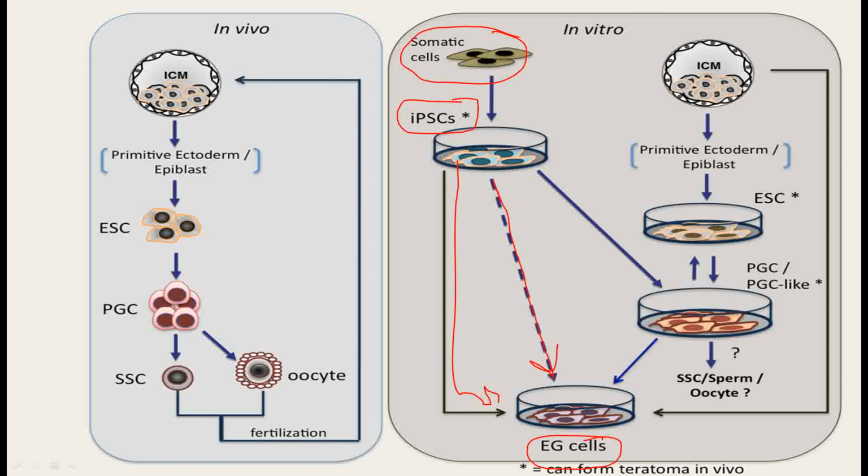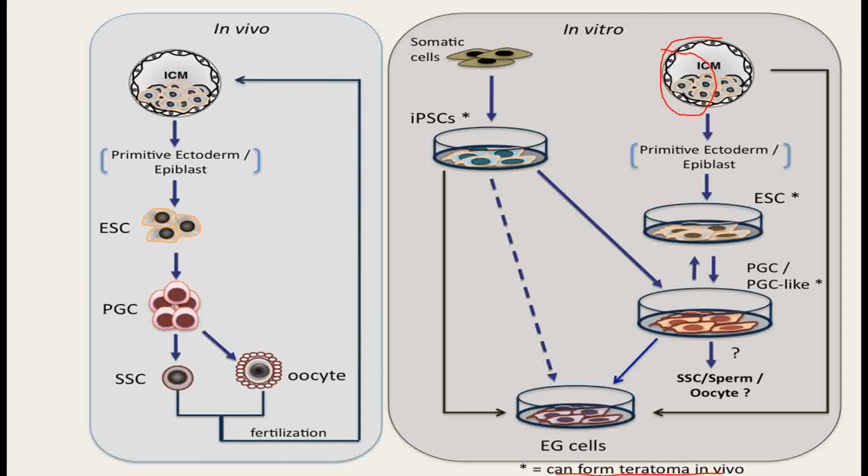Embryonic germ cells are formed. Also here the formation of post-gastrulation cells or post-gastrulation like cells. Here it is shown that the star mark points at can form teratoma in vivo.